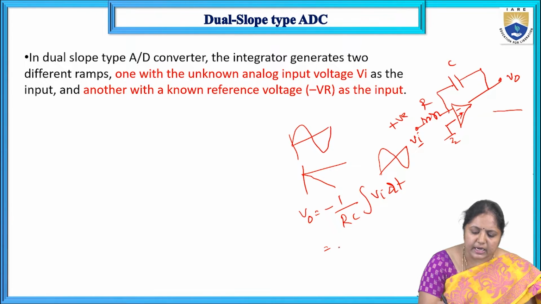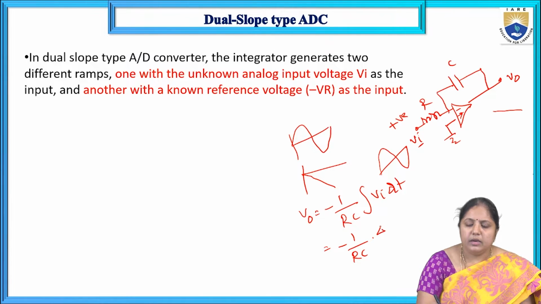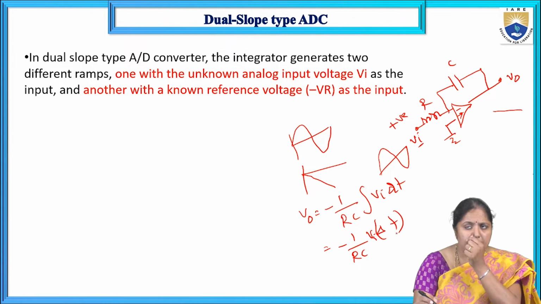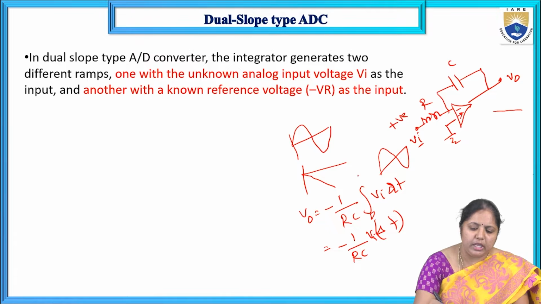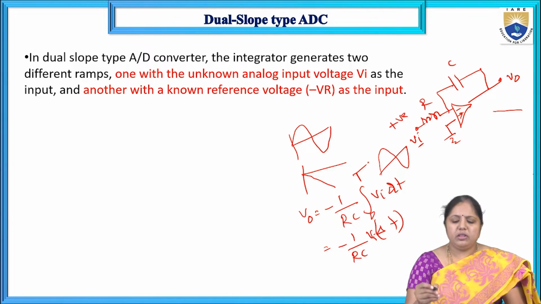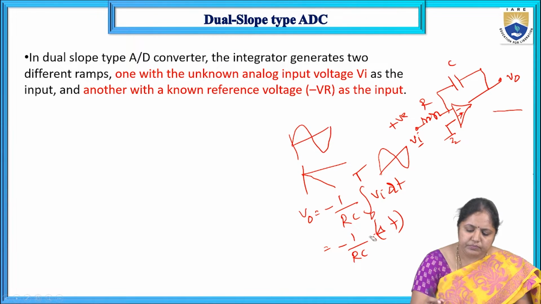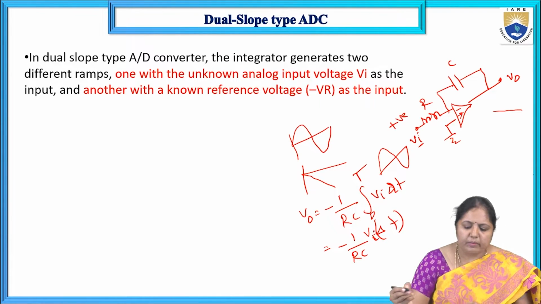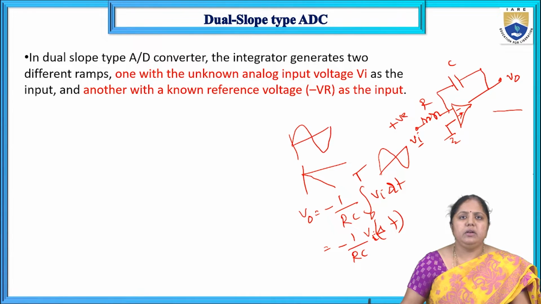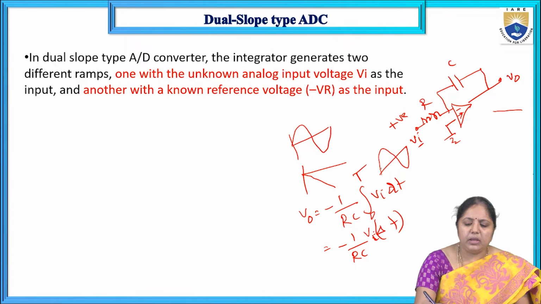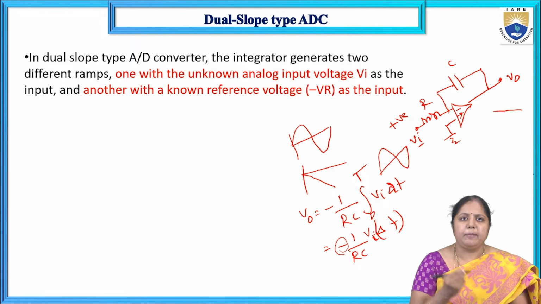So I can write this as minus 1 by RC into Vi into delta t, over some time period 0 to t. This is the basic equation for the integrator. So if I give a positive signal as the input for the integrator, I will get a negative ramp.